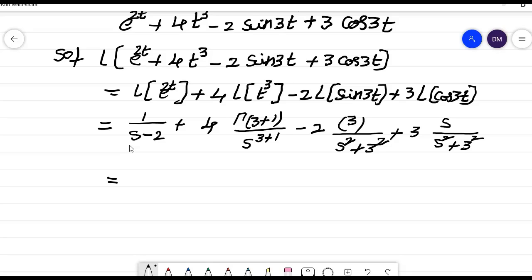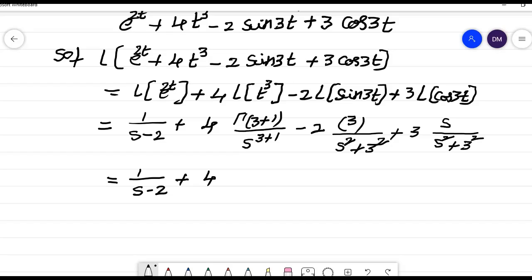Now this is equal to 1 by s minus 2 plus 4 into, see here, this is in the form of gamma of n plus 1. So what is the gamma of n plus 1 formula? Here what is n? n is a non-negative integer.